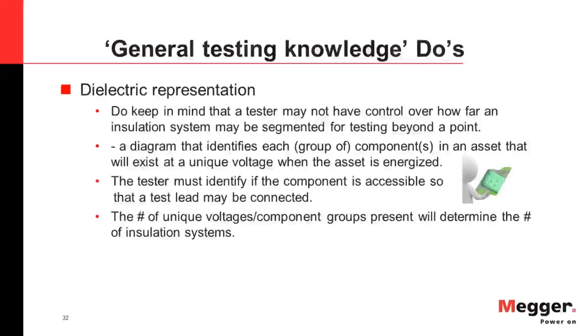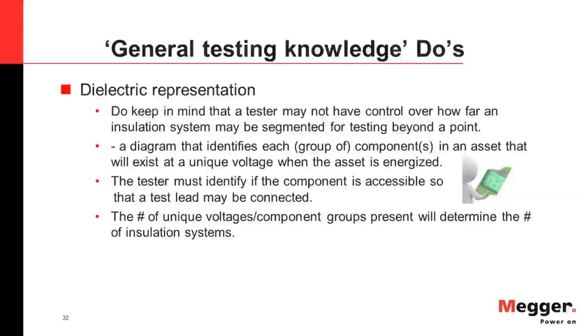So a dielectric representation is a diagram that identifies each component in an asset that will exist at a unique voltage when that asset is energized. But it's left to the tester to identify if the component is accessible so that the test lead may be connected. And the number of unique voltages or component groups present will determine the number of necessary insulation systems.